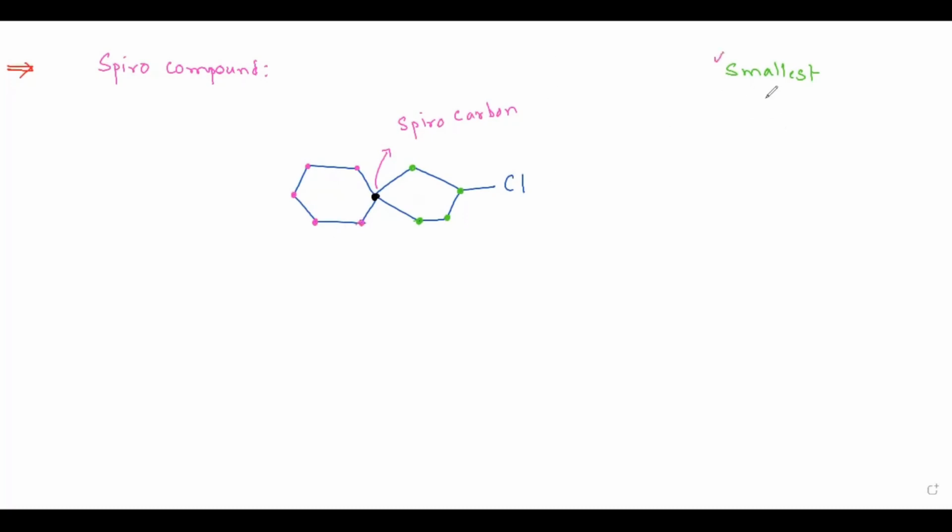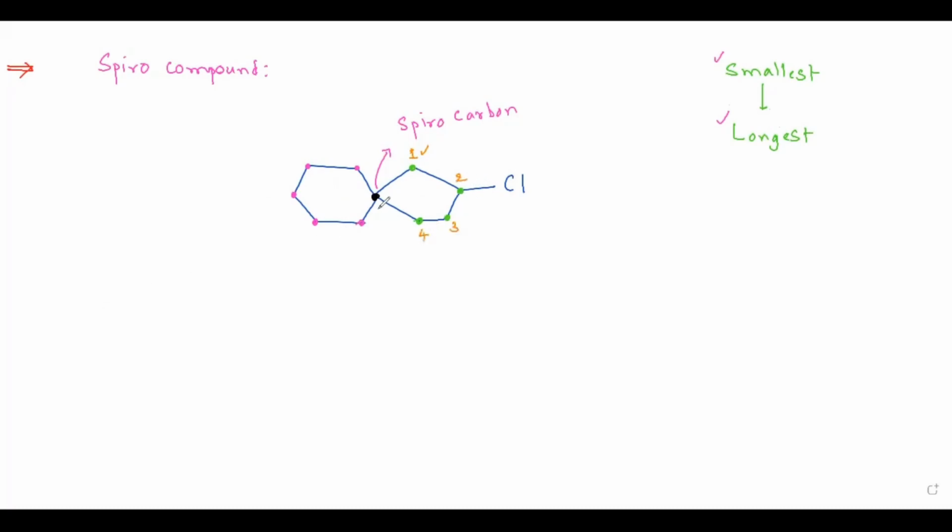First along the smallest, then along the longest or the largest. So first along the smallest, but interestingly, numbering begins not at the spiro, but at the carbon adjacent to spiro. This is where you have to start giving numbers. The carbon atom which is adjacent to spiro.